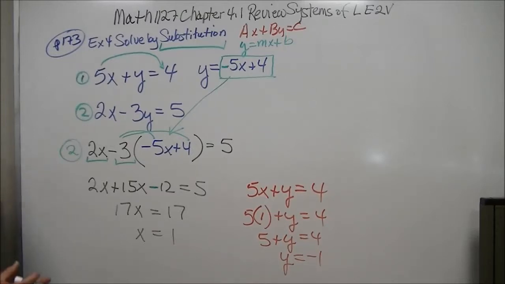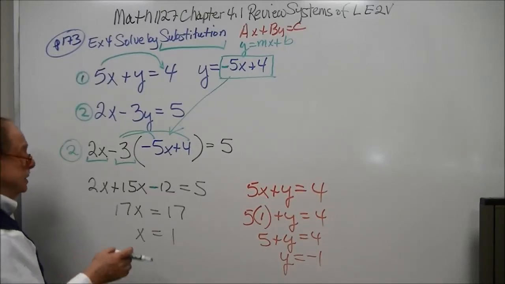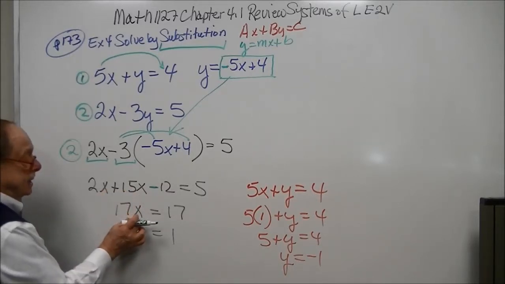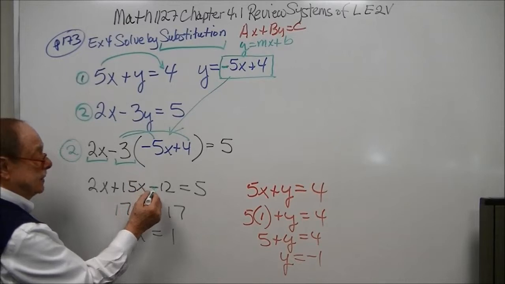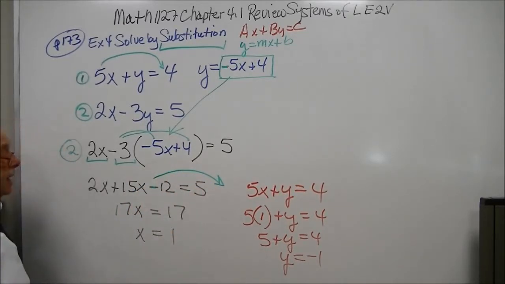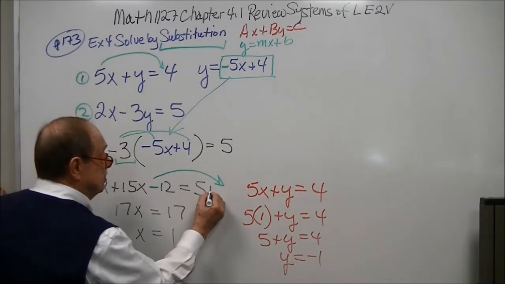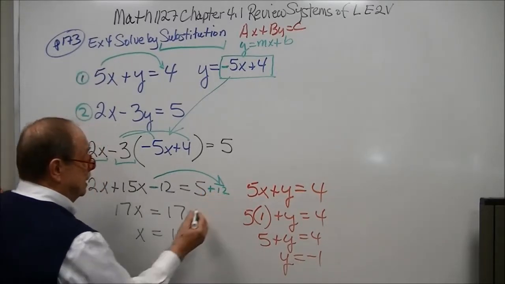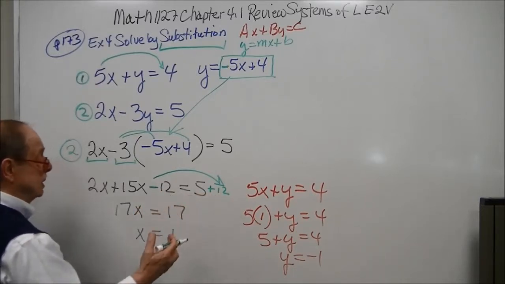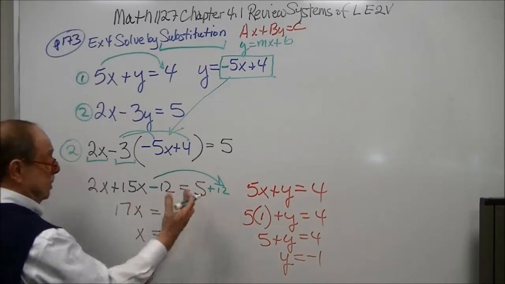Now my next item in solving equations is to group like terms. I get 17x. I'm going to take this -12, transpose it to the other side. On this side it becomes a positive 12, opposite sign on the other side, or add 12 to both sides here.